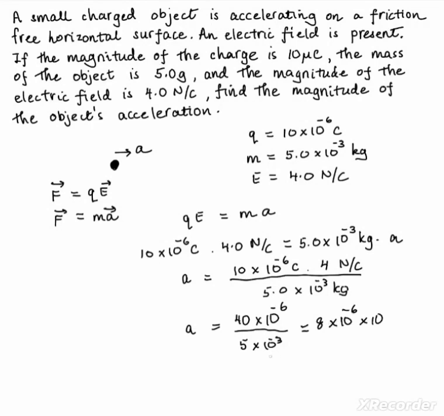When we take the denominator 10 to the negative 3 to the numerator, we have 10 to the positive third. So that gives us 8 times 10 to the negative third meters per second squared, and that is the acceleration of this charged object.